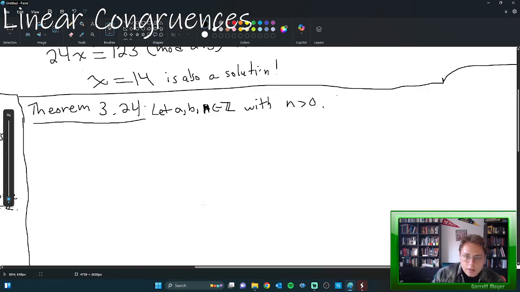Then, this theorem is actually just a list of 3 different things. This first one is just a restatement of theorem 3.20.